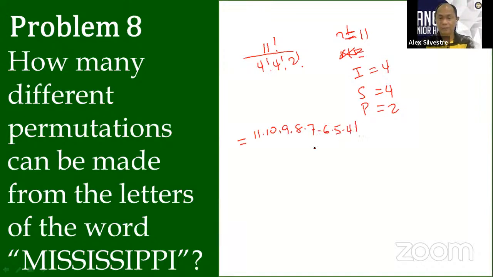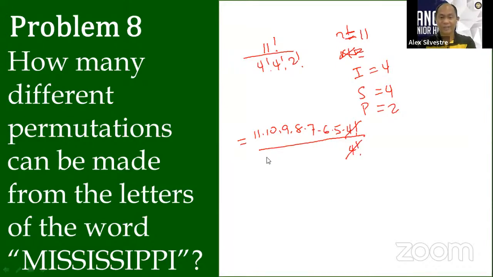Pwede kang mag-stop dito sa 4 factorial, tapos pantayan mo ng isang 4 factorial, para ang natitirang isang 4 factorial, yun ang i-expand natin at saka yung 2 factorial. Nasusundan po ba ako? Give me reaction kung ito ay nasusundan yung process natin. Kung nakukuha po. Yung isang 4 factorial, pinantay ko na.